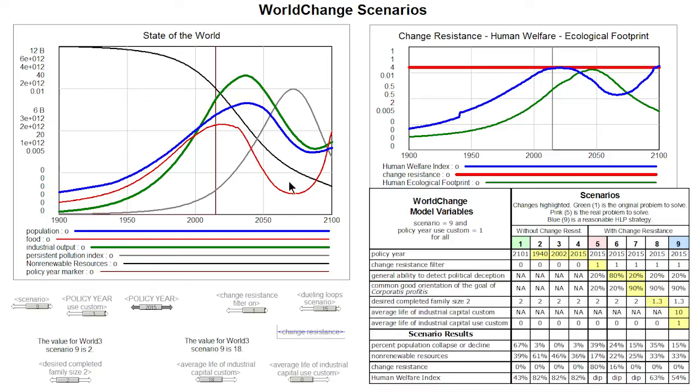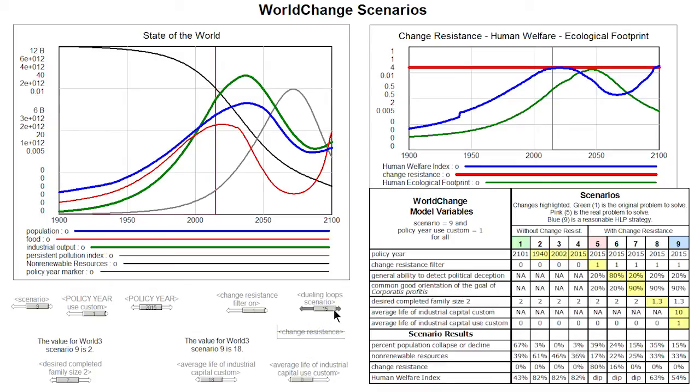Let's take a look at what happens if we start resolving the root causes of the change resistance part of the problem. Our analysis found two main root causes of change resistance. The first causes the success of change resistance. The second root cause, the deeper one, is the source of where that resistance is coming from. Let's resolve the first root cause with scenario 6.